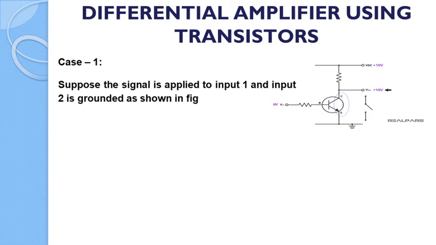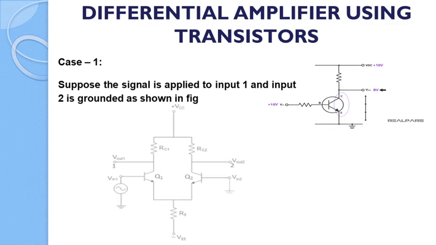Now we will discuss case 1. As I said earlier, we are going to input the signal. This is the basic diagram. Here we apply the input signal to transistor Q1, and we ground transistor Q2. This is a single-ended configuration.